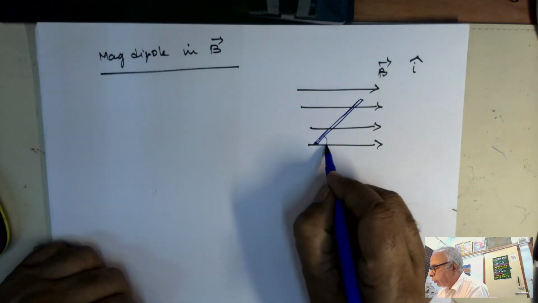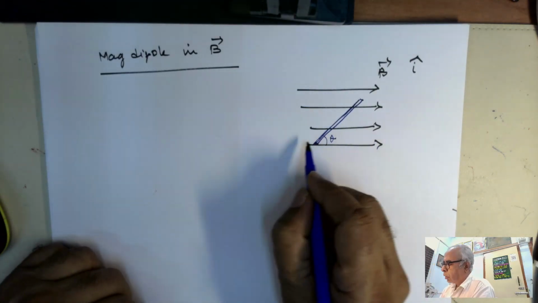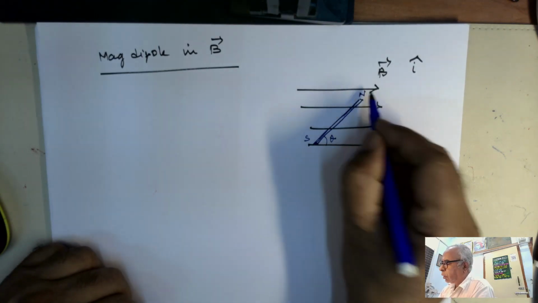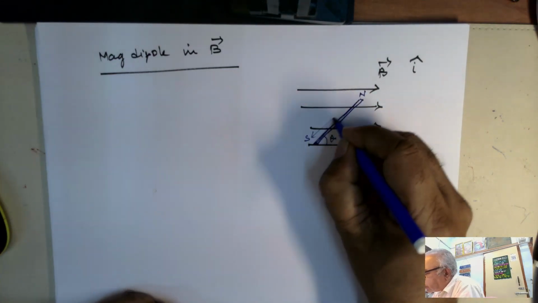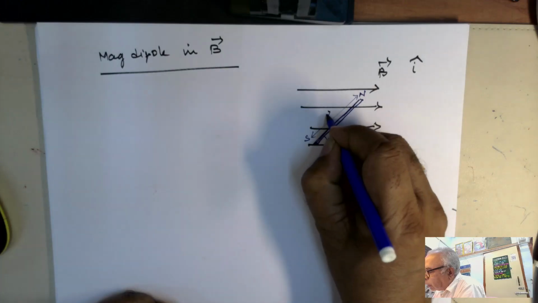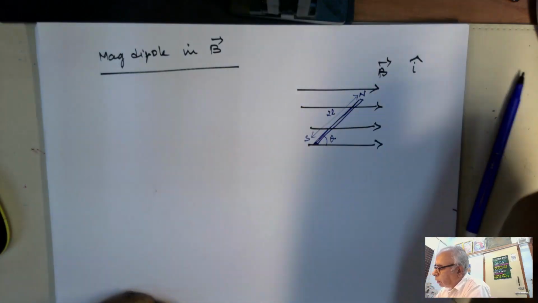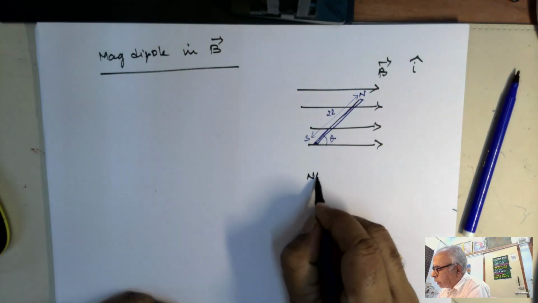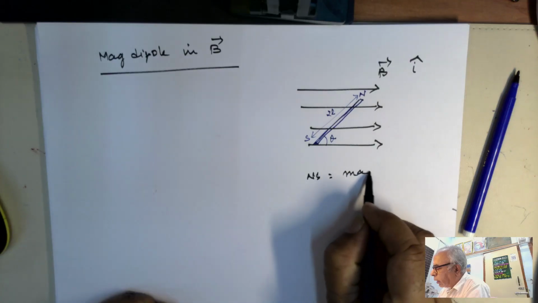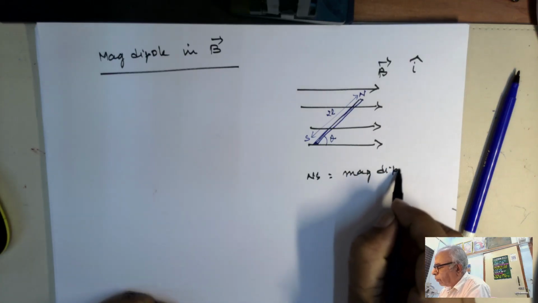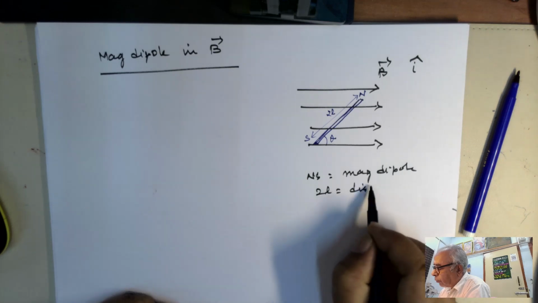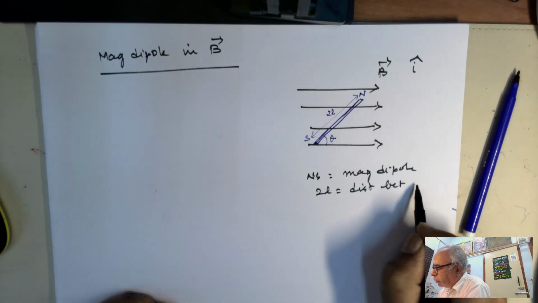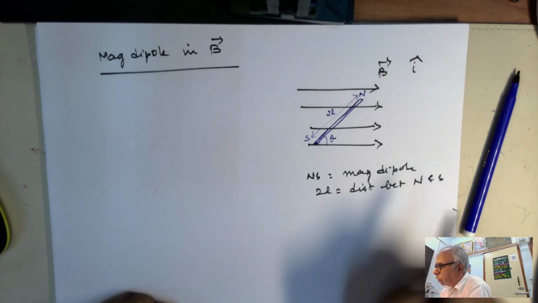And this is theta, south pole, north pole. You know the distance between them is 2L. So NS is the magnetic dipole, 2L the distance between north and south pole of the dipole.